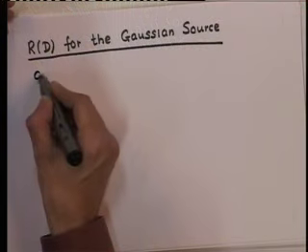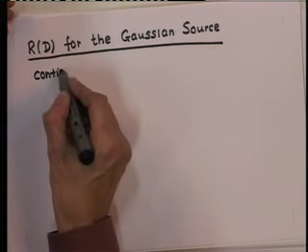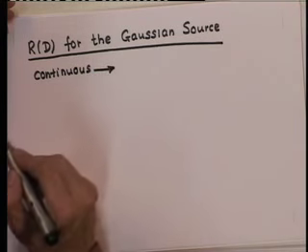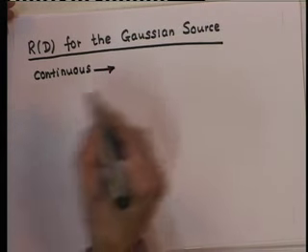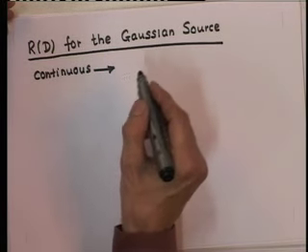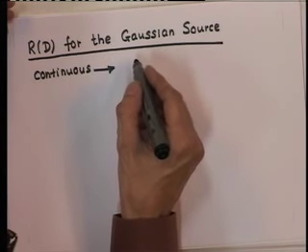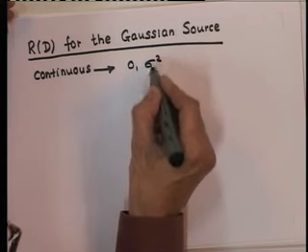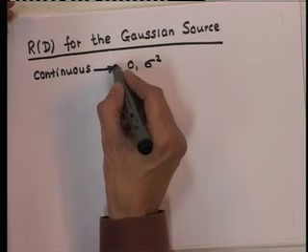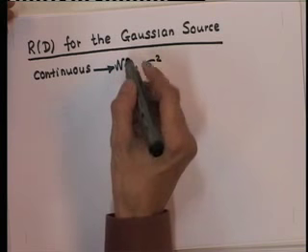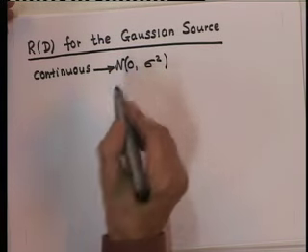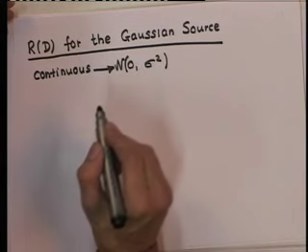So, we have a continuous amplitude source that has a 0 mean and Gaussian PDF with variance equal to sigma squared. So, we have a normal distribution, that is Gaussian distribution with 0 mean and variance equal to sigma squared.